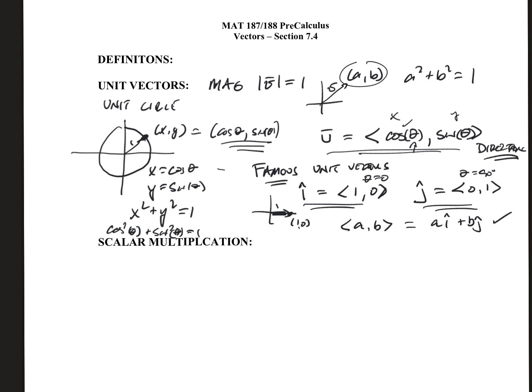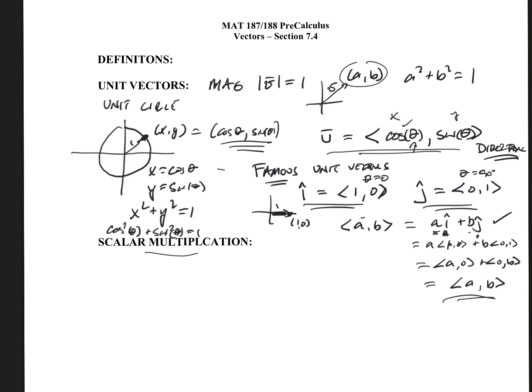This is the unit vector component form, because a is how much action is going in the x direction, the i component, and b is how much action is in the y coordinate, multiplied by the j. You can see I'm kind of getting into scalar multiplication. If we use what I said there, we eventually have (1, 0), this would be (a, 0), and this would be (0, b). And so together we get (a, b).